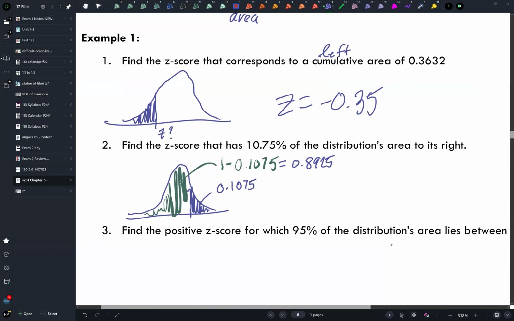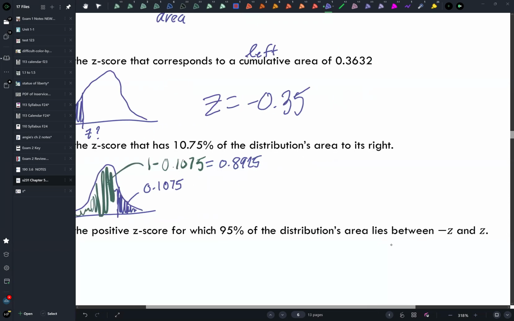And I knew I was going to have a positive z-score because the left area here is greater than 0.5, so that tells me it's going to be a positive z-score. So we're trying to actually find this area right here. So 0.0825.